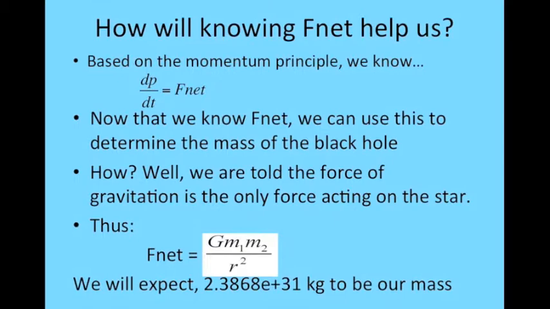With G being our constant, approximately 6.7 times 10 to the negative 11, m1 being the mass of the star, m2 being our unknown mass of the black hole, and r being the difference in position between the star and the black hole. Through this experiment, we will actually find that the mass of our black hole is equal to about 2.38 times 10 to the 31st kilograms.